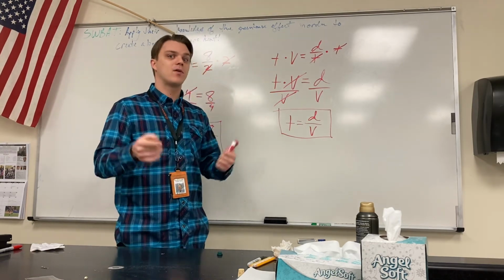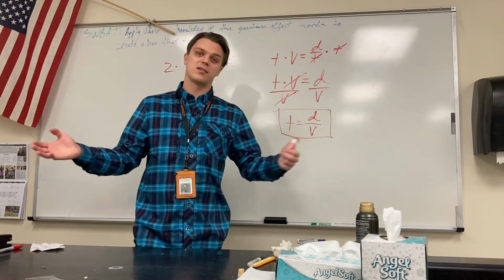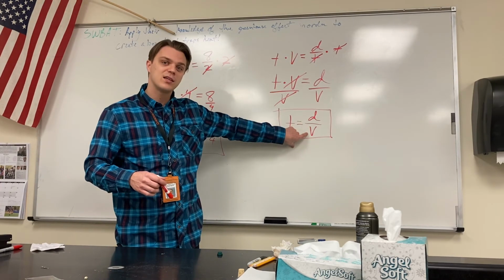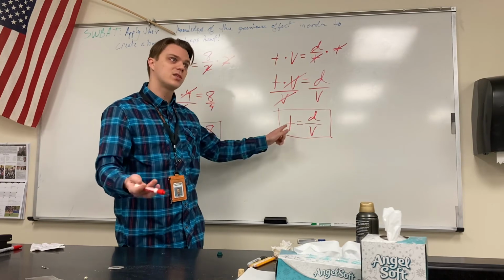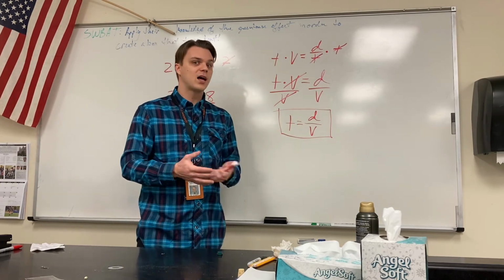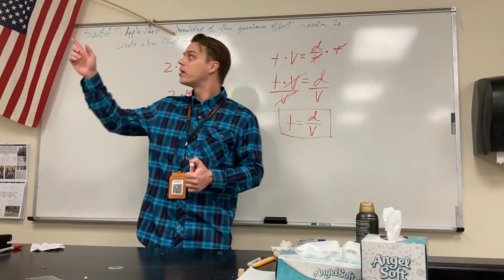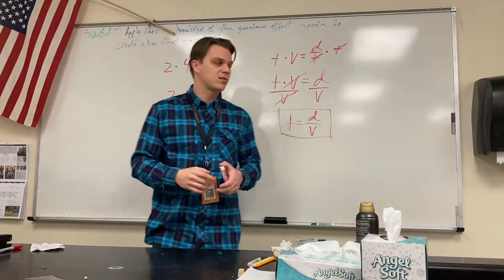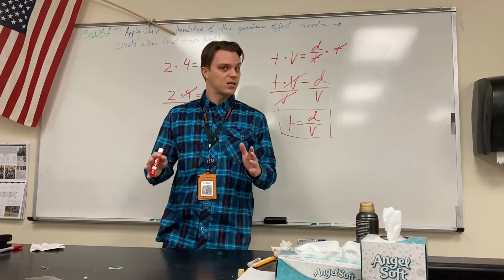Just like if the word problem was doing feet per second: feet is a distance, feet per second is a velocity. So what's the time going to be? Time isn't measured in feet. We're not looking at the clock and saying 10 feet went by. No, it's seconds.